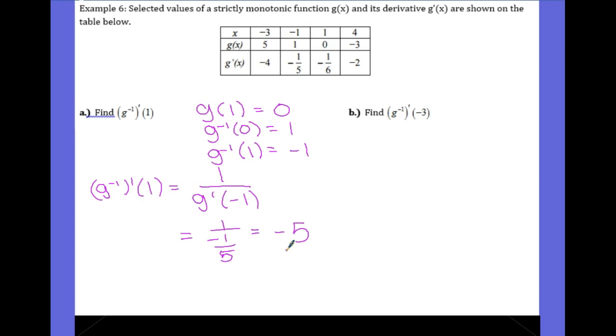Do it again. So g inverse of -3, you go to this line, is 4.